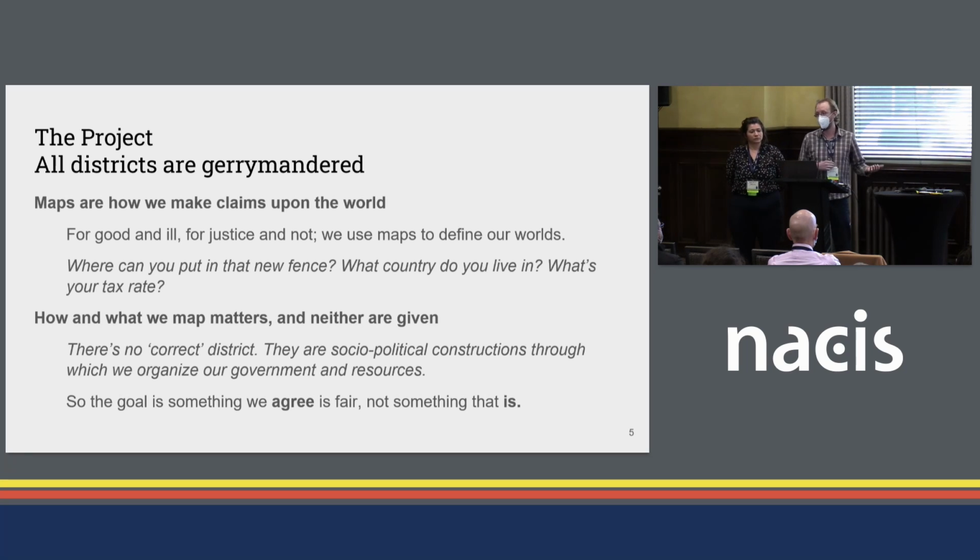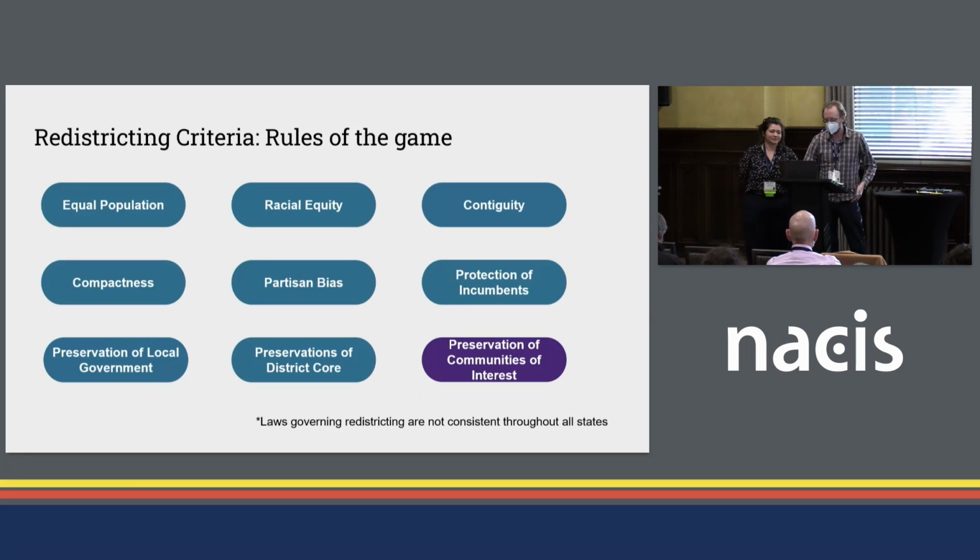And perhaps there are more ethical ways to do it, and perhaps there are ways that we can agree socially. See, I worked ethics in for you. There are perhaps ways we can agree socially that something is fair. But the point is that we get towards something that we agree on, not that there's something that just is. And here, with that sort of setup, I'm going to turn it over to the brilliant Alexis Wood.